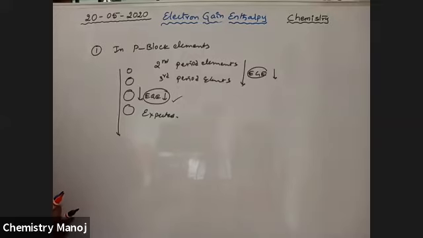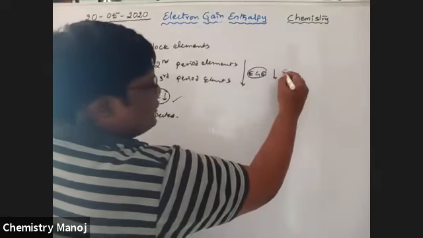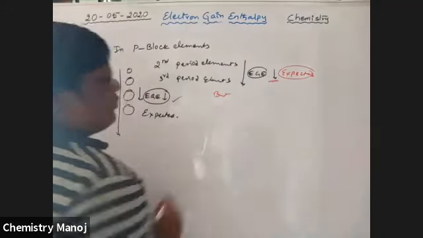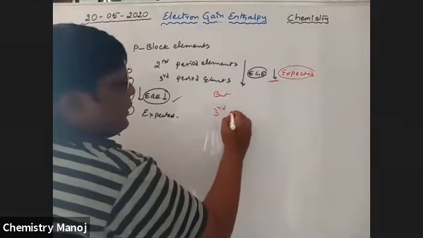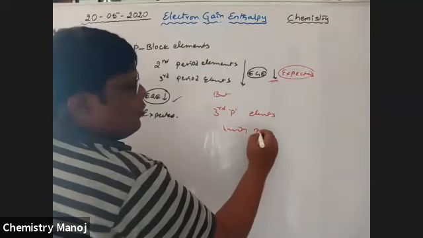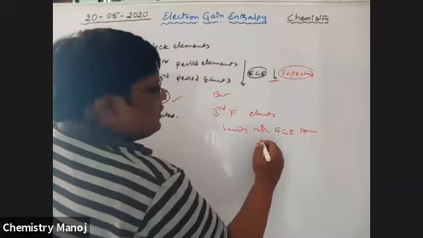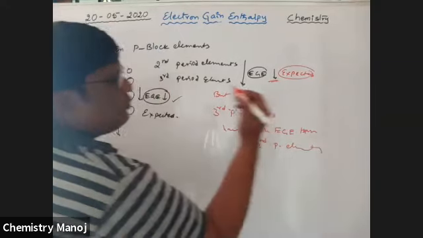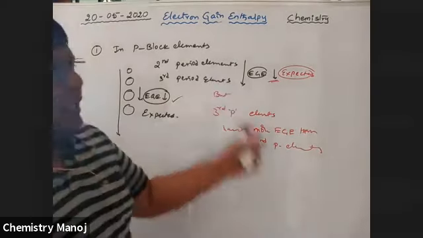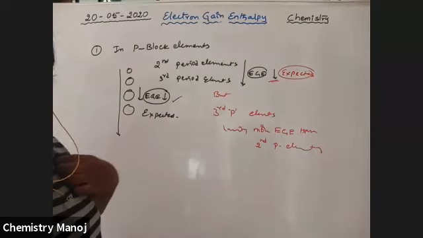But third period elements have more electron gain enthalpies than second period elements. That means it is the reverse of the expected value. It is applicable only for second and third period elements, not for all groups.